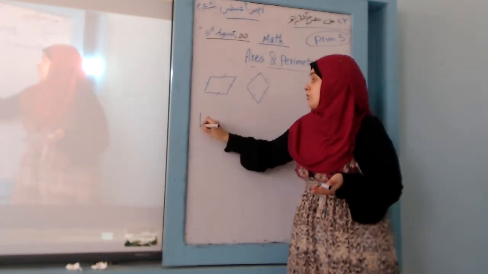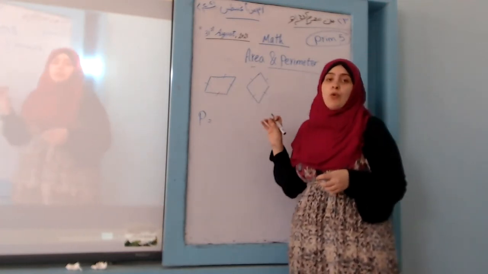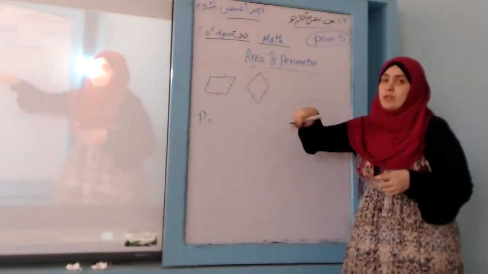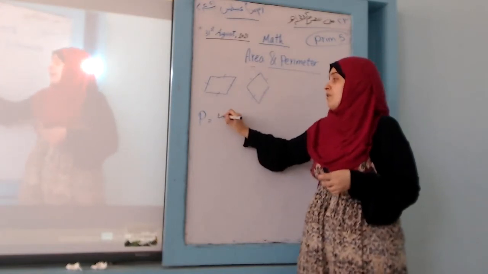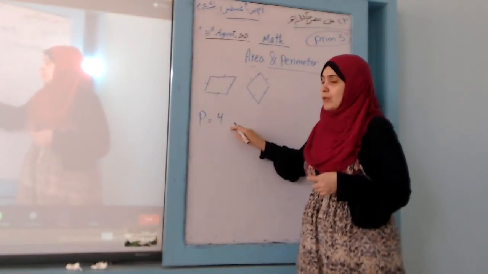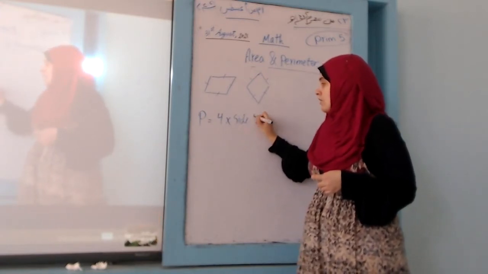If I want to get the perimeter of the rhombus, it's equal to the perimeter of any square, because perimeter means the sum of all sides. I have 1, 2, 3, 4, so 4 sides, and all sides are equal in length. So the perimeter of the rhombus is 4 multiplied by the side length.